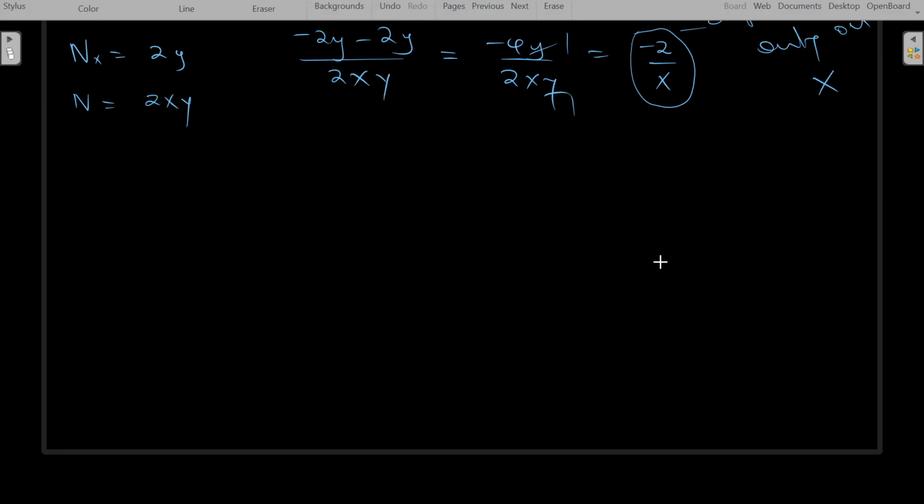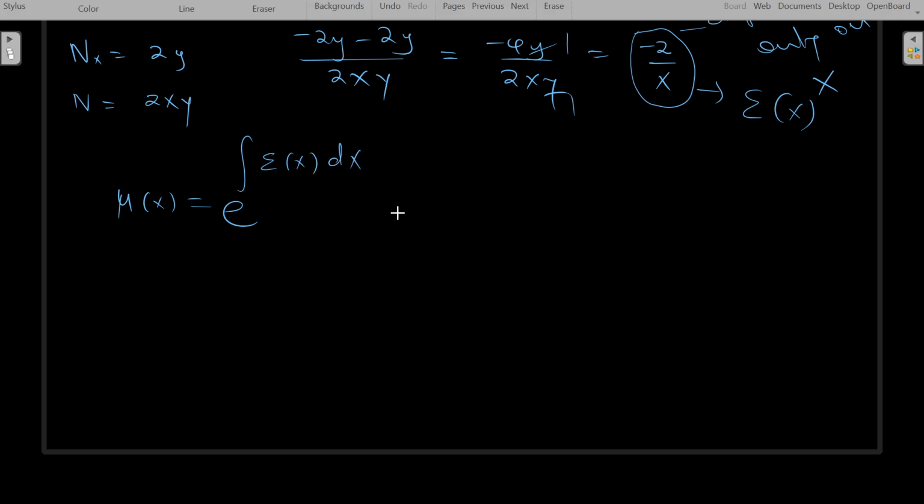Now we have case 1, which is true for this statement. Now we should get our integrating factor equal to e raised to the integral of this expression, which we said is epsilon of x dx.